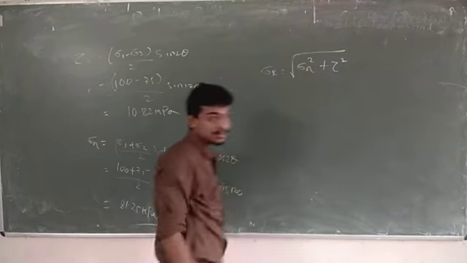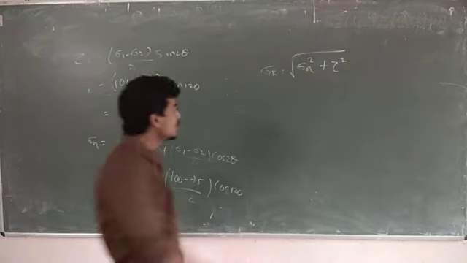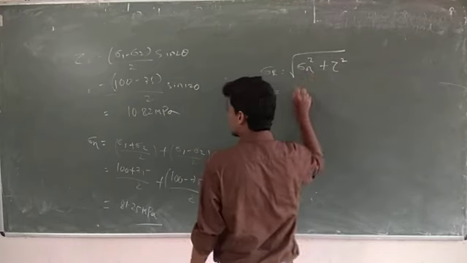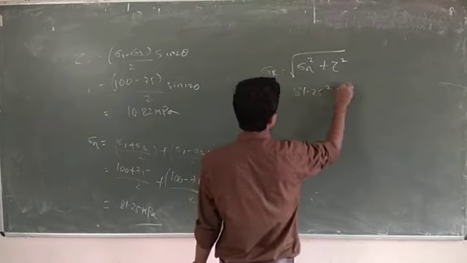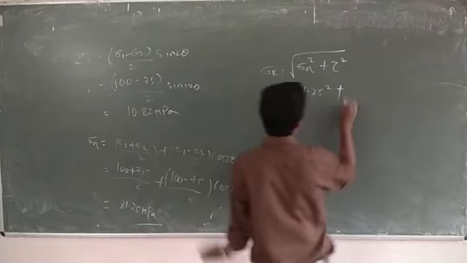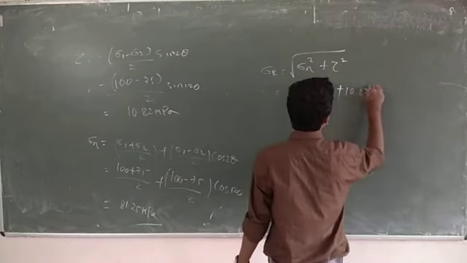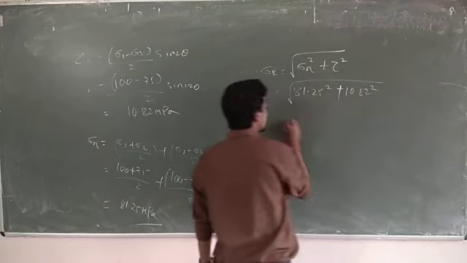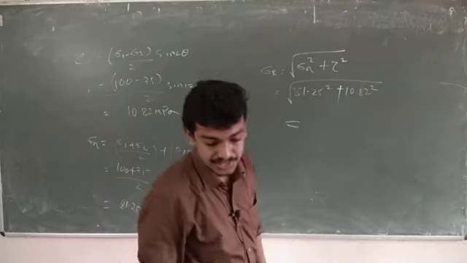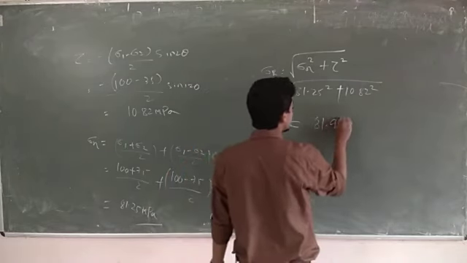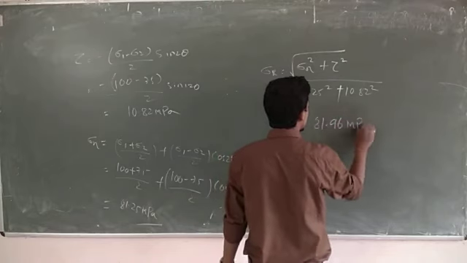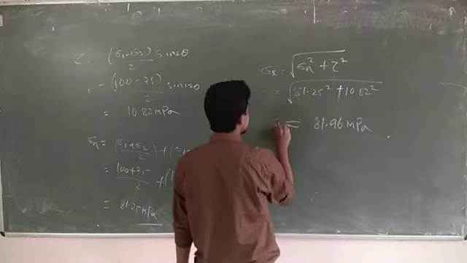You already studied this formula in case 1. Put sigma n 81.25 square plus shear stress 10.82 square. Whatever value comes will give you the resultant stress. This is coming around 81.96 megapascal. That is the resultant stress.